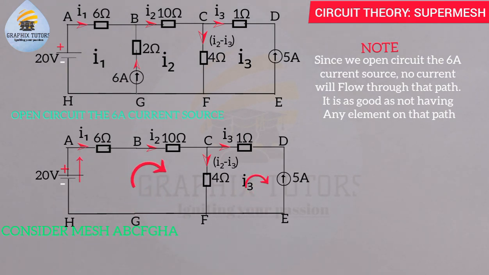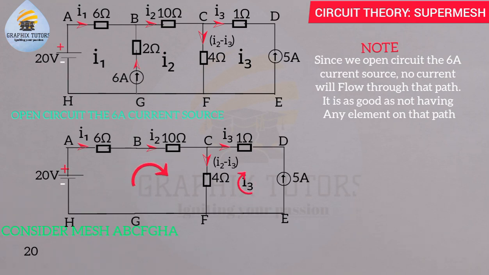So I'll be having 20, and if the voltage source is positive, my voltage drop will be negative. Mark that word very well. If I move from lower potential to higher potential and I'm taking my voltage source to be positive, that means when current flows through my resistor, my voltage drop will be negative.